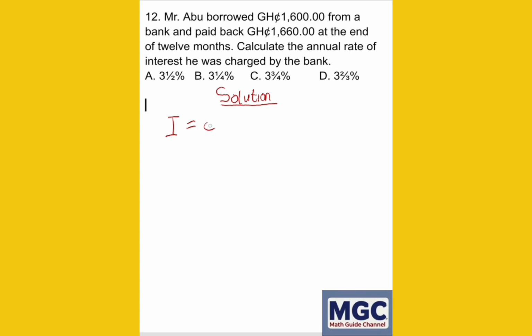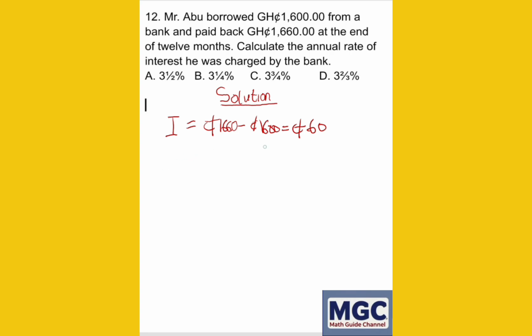So we have 1,660 Ghana cedis minus 1,600. And when you do the calculation, you have 60 Ghana cedis for the interest. So the interest will be 60 Ghana cedis.